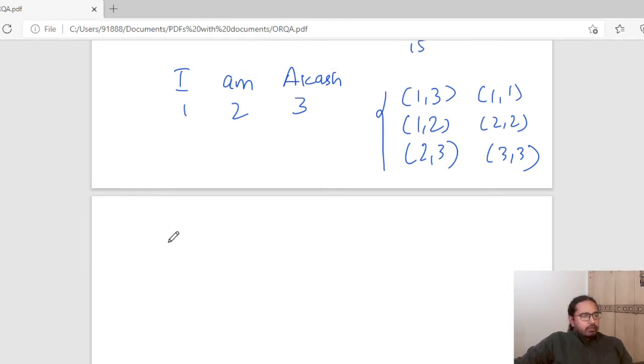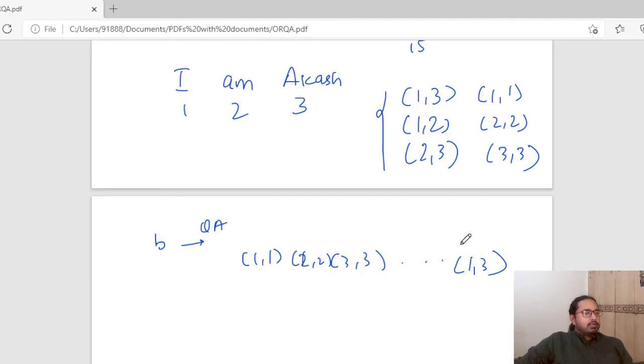In a QA model, whenever you get a block, the job of the QA model is to predict between all the possible spans, let's say 3,3, 2,2, 1,3. The job of the model is to predict which of these spans is the correct answer.